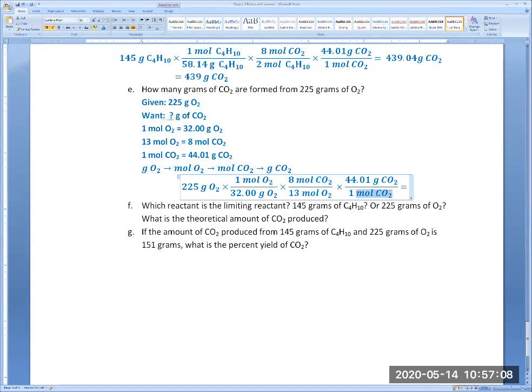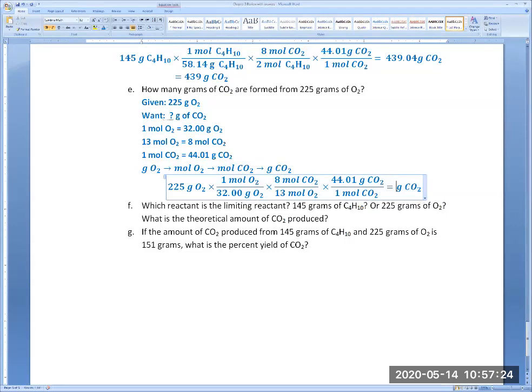And we are left with grams of CO2, which is what we want, right? So it works. We have the desired unit at the end. The other units have all cancelled.